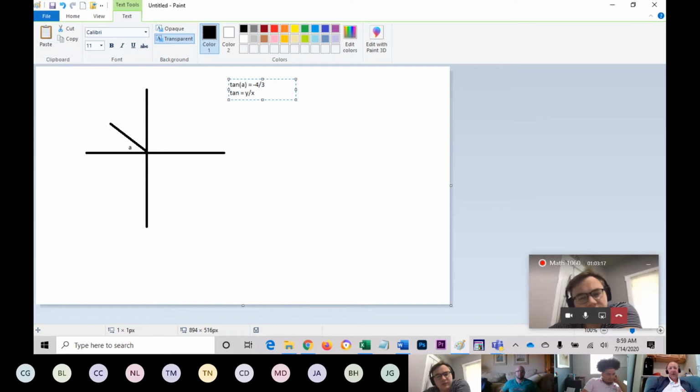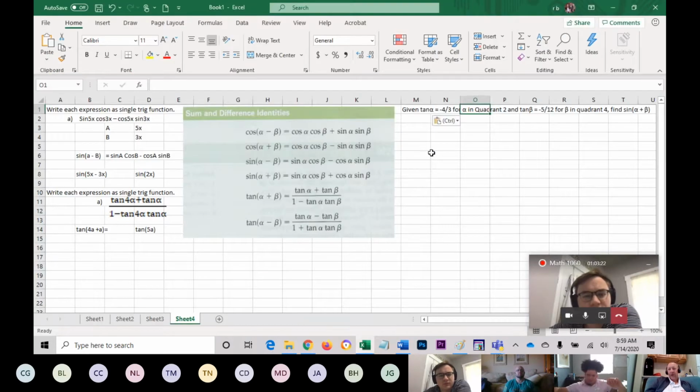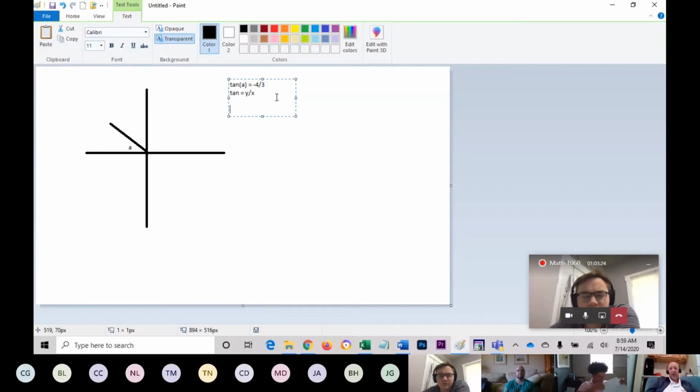So if tangent is y over x, then it could be that y equals negative 4 and x equals 3, or it could be y equals 4 and x equals negative 3. Which of those two is more likely correct the way I've drawn my picture here? The first one, y equals negative 4, x equals 3.